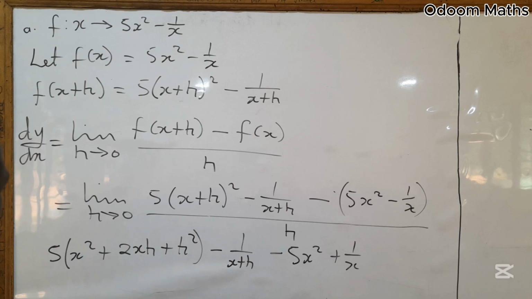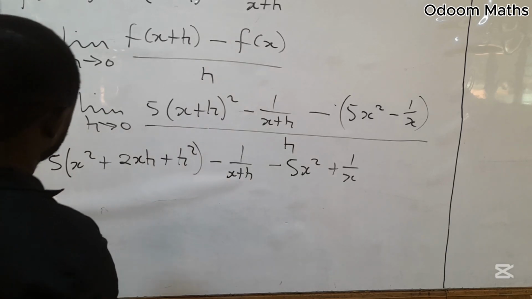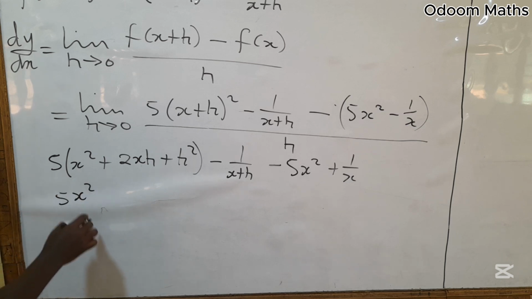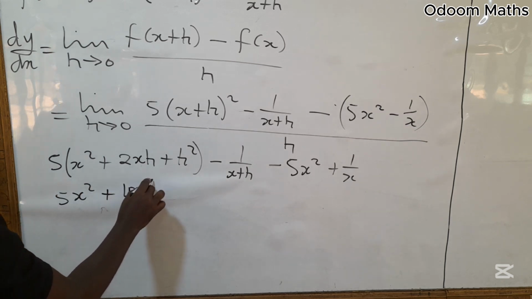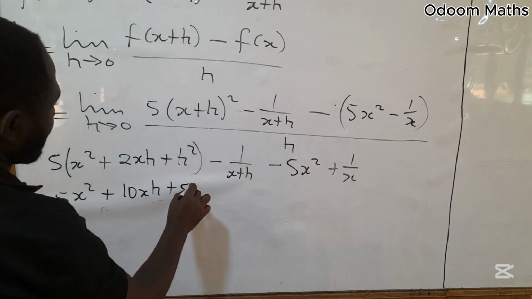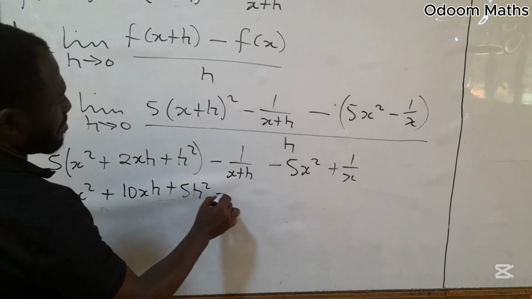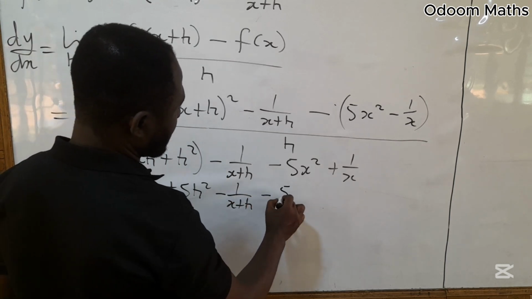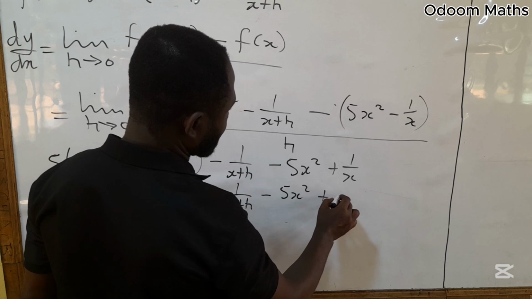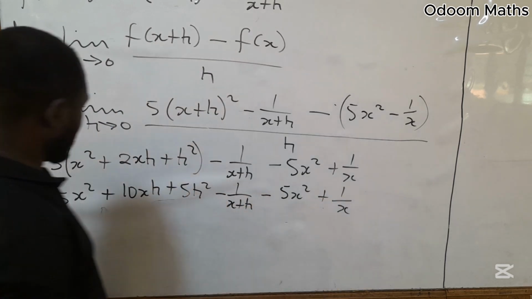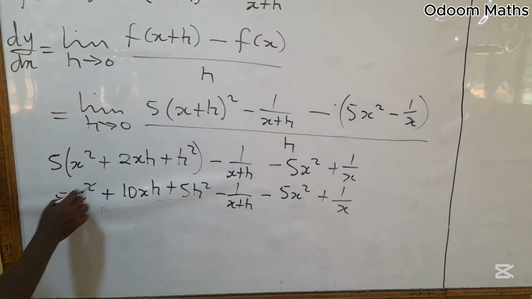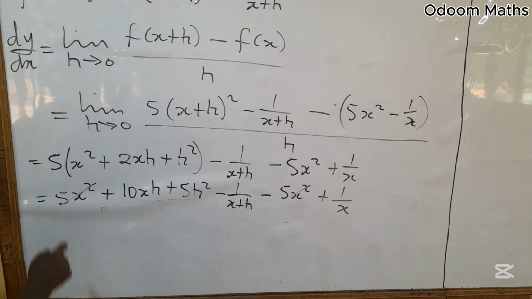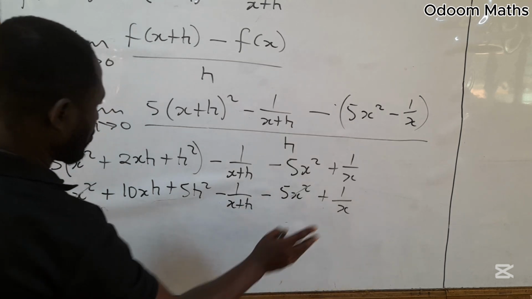Let me expand this, and that gives me 5x squared plus 10xh plus 5h squared, then minus 1 over x plus h minus 5x squared plus 1 over x. Here we can cancel these two, because 5x squared and minus 5x squared go off.